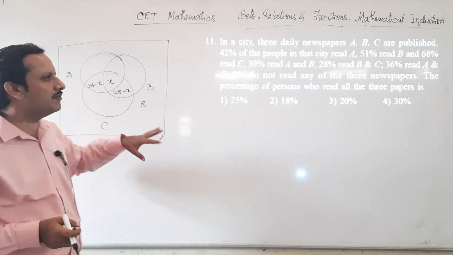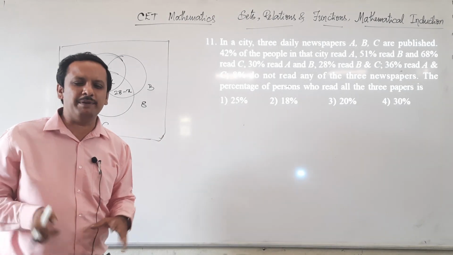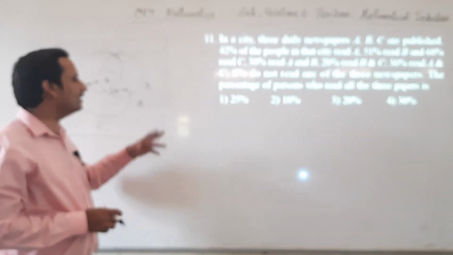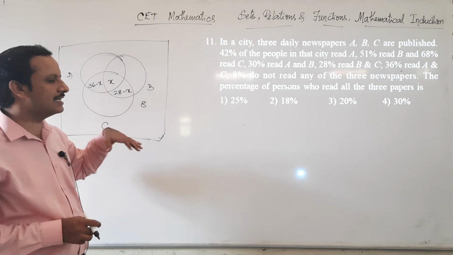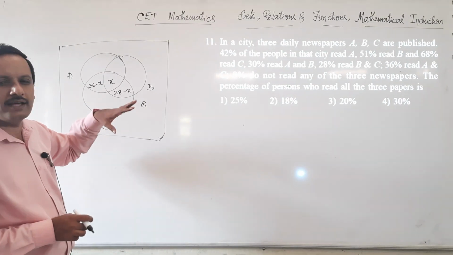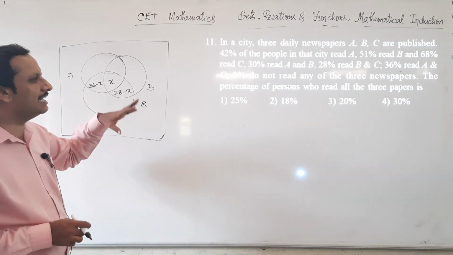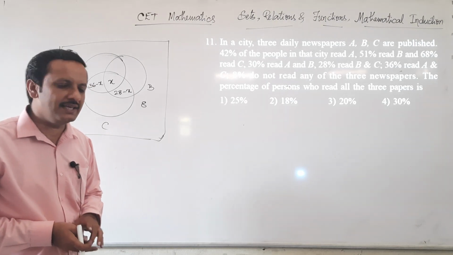Later on we will assume that there are 100 people in that city, then these will be numbers only. 36 people will read A and C, 28 will read B and C, in that way.